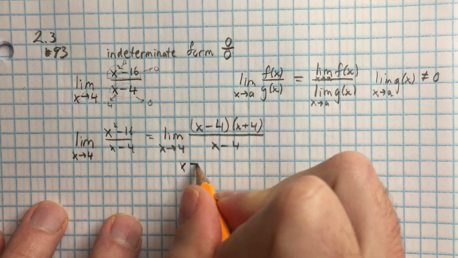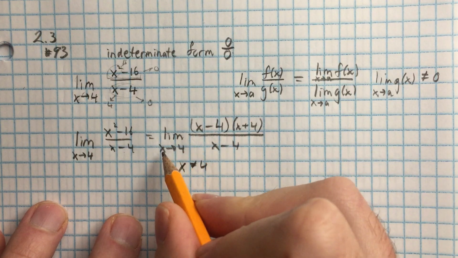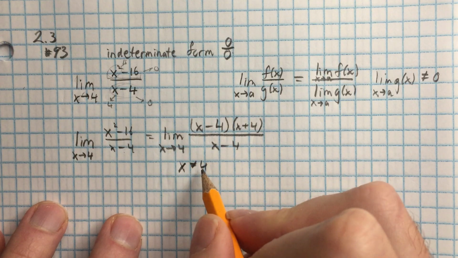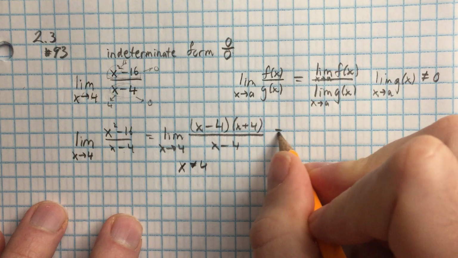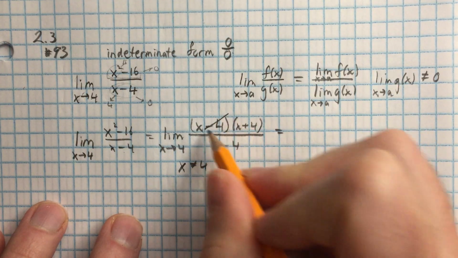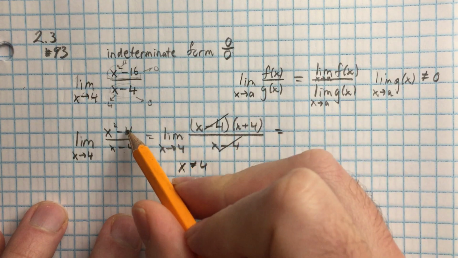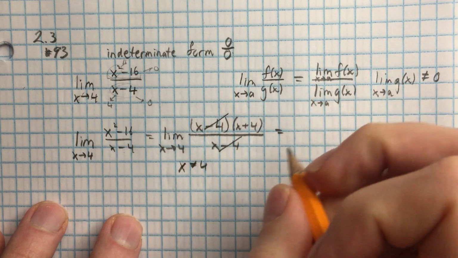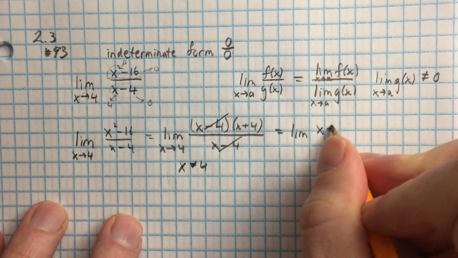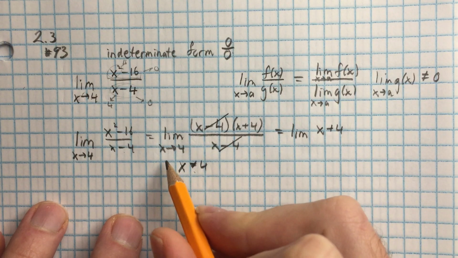As long as x is not equal to 4, which it will not be in this consideration, because x is only getting arbitrarily close to 4, it is not actually going to become 4. And that means that since x will not be 4, these cancel, and the original function, x squared minus 16 over x minus 4, will always be exactly the same as x plus 4, as long as x is not 4, which again, it will not be.